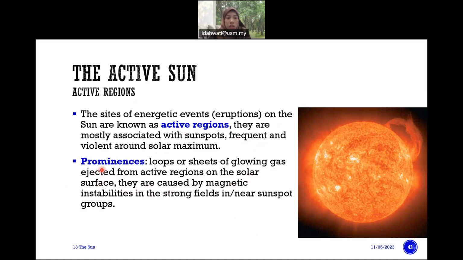Okay, as an example, we have this prominence. It's one of the space weather phenomena. Loops or sheets of glowing gas eject from the active region on the solar surface, caused by magnetic instability in the strong field in or near the sunspot group.